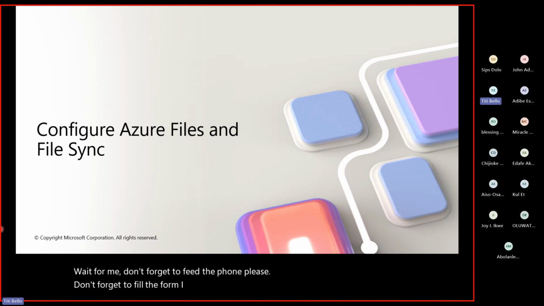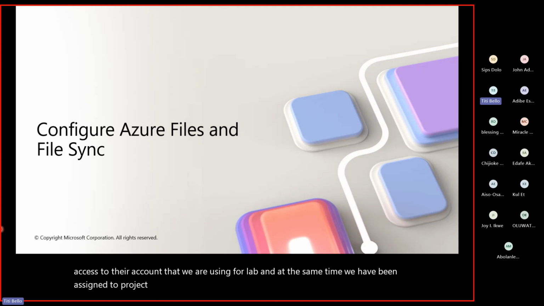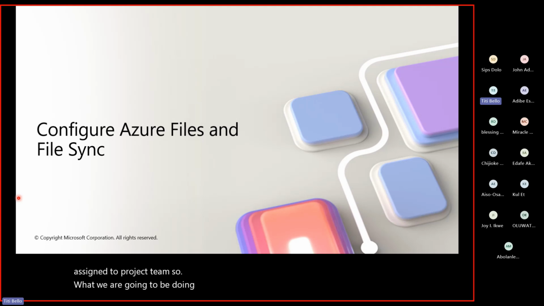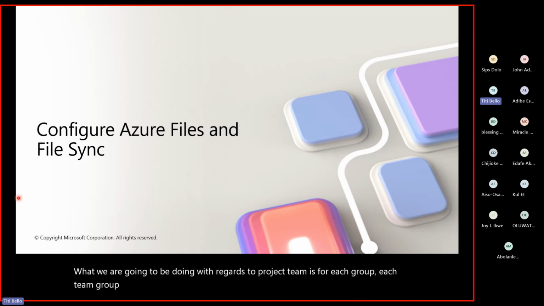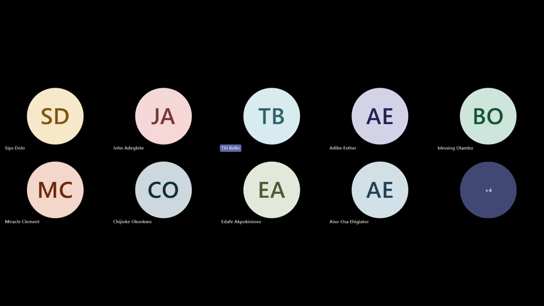I think for every single one of us, we must have gotten access to the account that we are using for lab, and at the same time, we have been assigned to project team. So what we are going to be doing with regards to project team is for each group that we have created on Teams or Microsoft 365 side, we are going to add the three mentors so that if you have any issue on the team, you will see my name indicated as mentor, you see Sarah, you see Tosin.